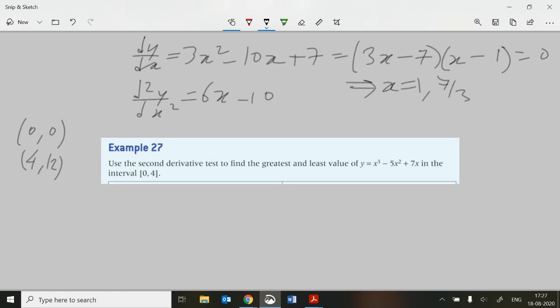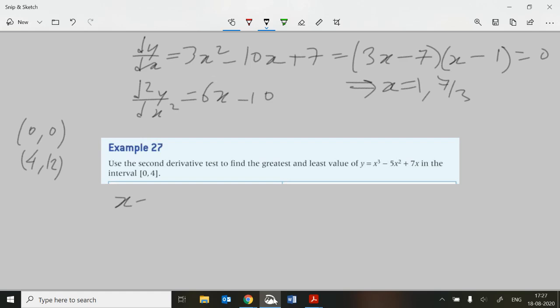Okay, so use the second derivative test. Now I need to put this in here to determine whether I've got greatest or least values. Well, I don't really, because I know I've got a positive cubic. But this exercise wants us to use the second derivative test, so we're going to have to do it.